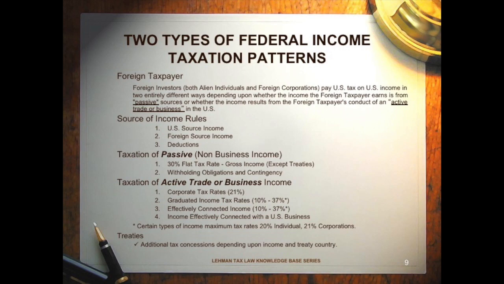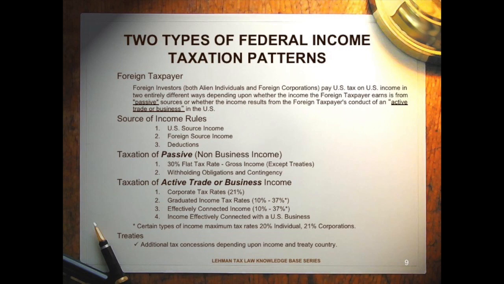Now, there's certain types of income that under the new Trump tax bill, you're still going to have the 21% tax rate for corporations that are doing business here, whether they're foreign corporations or U.S. corporations. But you also have, as to certain types of income now, a flat 20% tax rate on individuals with those certain types of income.